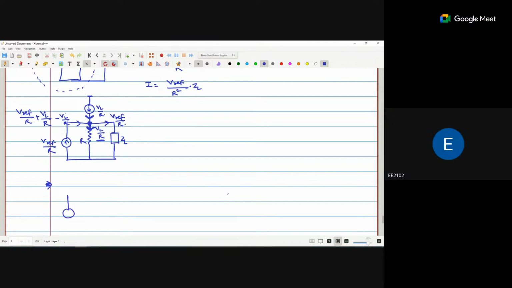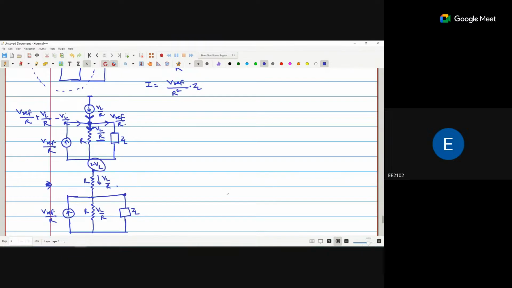Okay, so this is the Vref by R, ZL. This is the VL by R. We are using one more resistance and we connect the VL with the R resistance, so the current will be the VL by R. So we require a 2VL voltage.